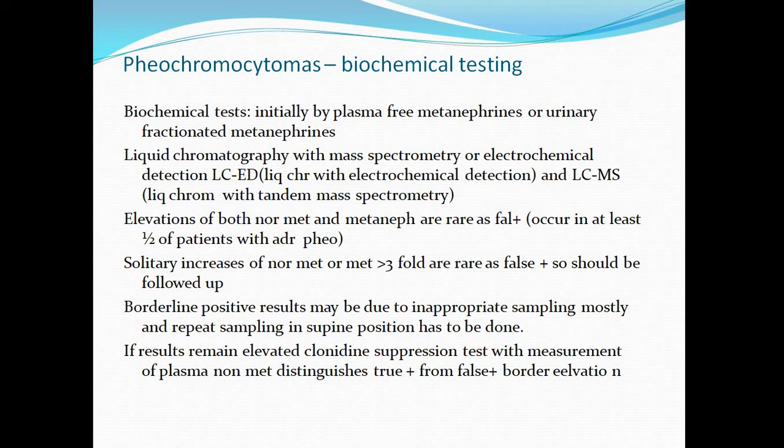Borderline positive cases usually result from inappropriate sampling, so repeat sampling in supine position is important. And if results remain equivocal, I'm sorry, I think it's elevated, I've written here, clonidine suppression tests with measurement of plasma normetanephrine could distinguish true positive from false positive.